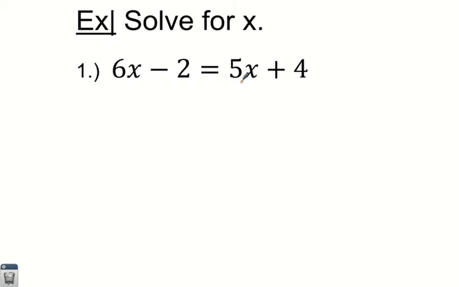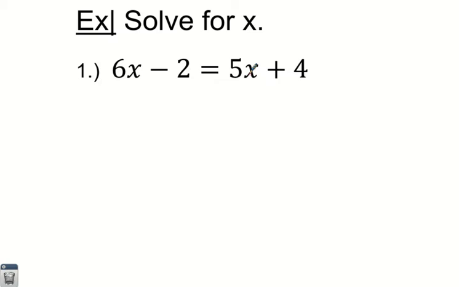If I were to do what the example said a moment ago, I would subtract 5x from both sides. So there'd be no more x's over here, and 6x minus 5x would become 1x.